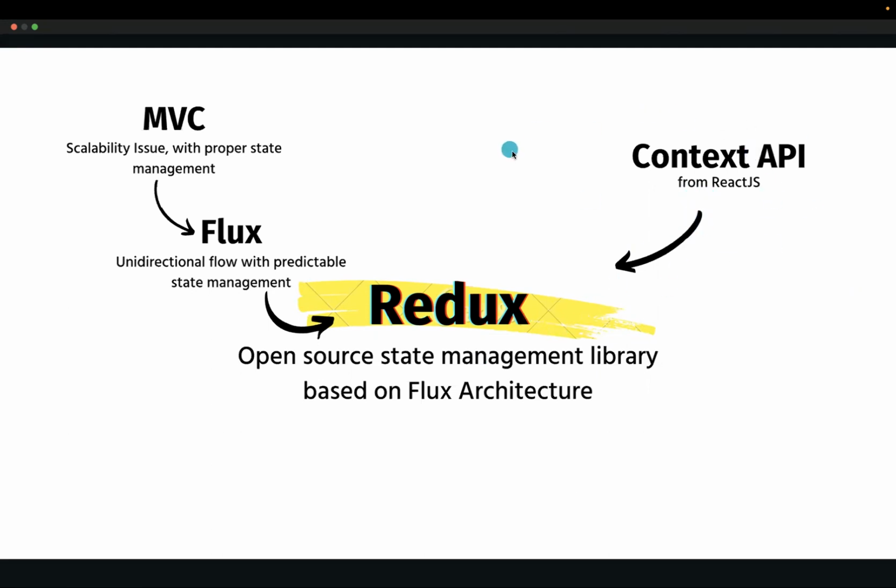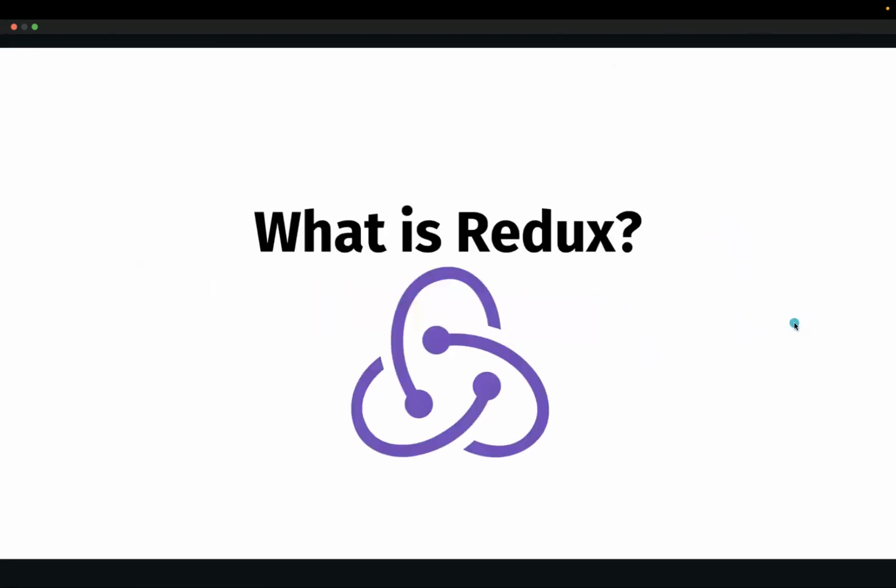So what they did, they made Redux on top of the Flux architecture, using Context API logic, or you can say essence, and they created an official state management library based on Flux architecture. Now, if I ask you, is Flux architecture just useful for React? No. Sorry, this Redux.